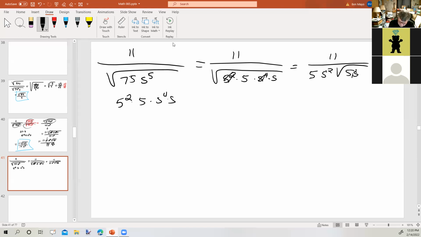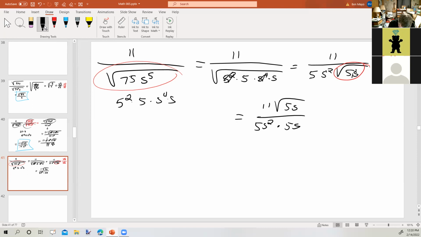Well, instead of multiplying the numerator and the denominator by this whole thing, now I just have to multiply by this radical part. So I'm going to have the square root of 5s on top, the square root of 5s on the bottom. That gives me 11 square roots of 5s over 5s squared times 5s.